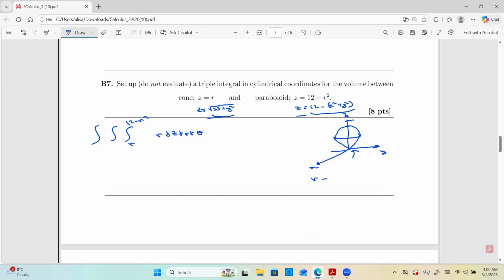So in this case, we're going to set r equal to 12 minus r squared. If you solve this quadratic equation, it's going to be r plus 4 times r minus 3 equals 0. This means that r is 3 or r equals minus 4, but we ignore the minus 4 because r is always non-negative.